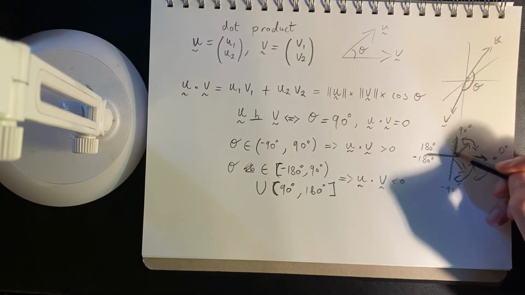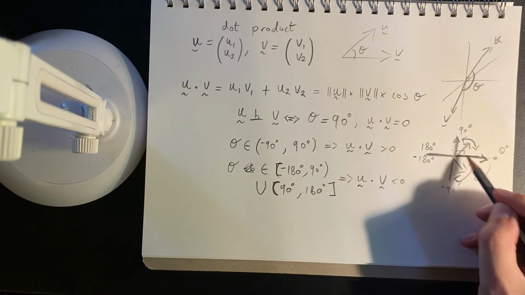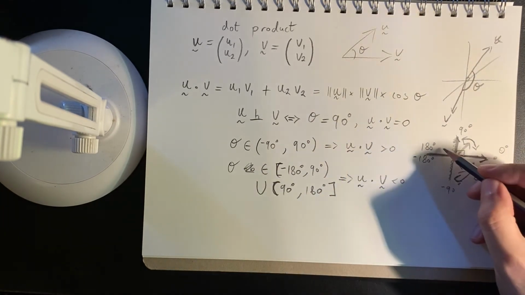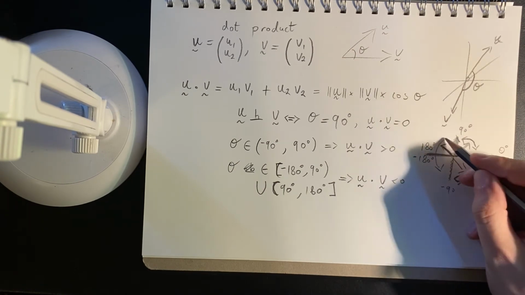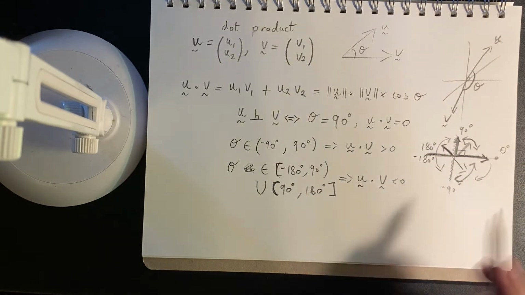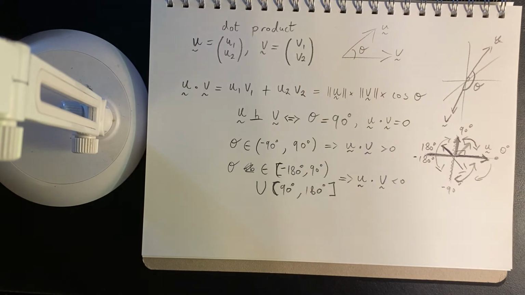If the vector is up here, that's a 0 dot product because it is exactly 90 degrees. And if the vector is on the back side, then that will produce a negative dot product compared to this vector. That's a messy diagram. But anyway, let's step in and have a look at the Python.